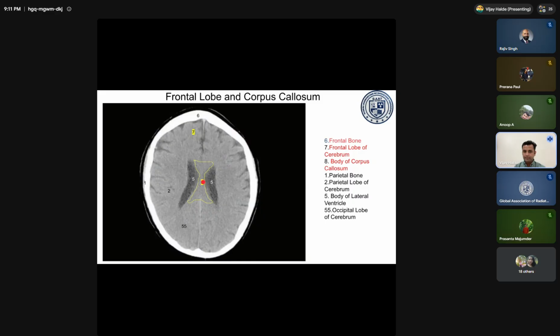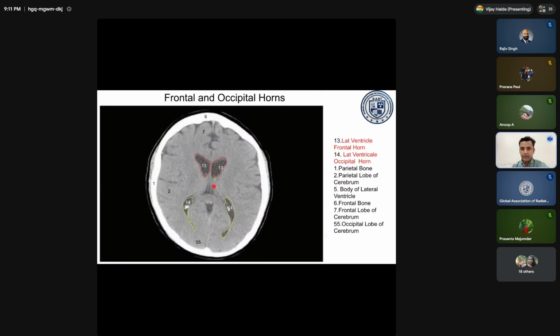This corpus callosum is seen centrally, connecting the two cerebral hemispheres. The lateral ventricles are still visible, which will be helpful during CBCT matching. So moving inferiorly, the ventricles are divided into other anatomical portions like the frontal horns and occipital horns at this level.